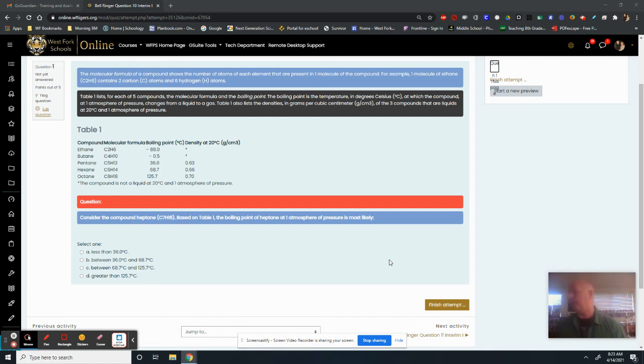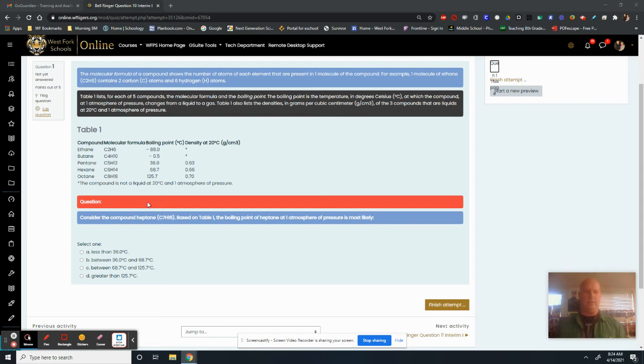So hexane up there is 68.7 and octane is 125.7. So you would assume that a molecule that has a few more carbons or hydrogens would be somewhere in that range, right? You said C, between 68.7 and 125.7.